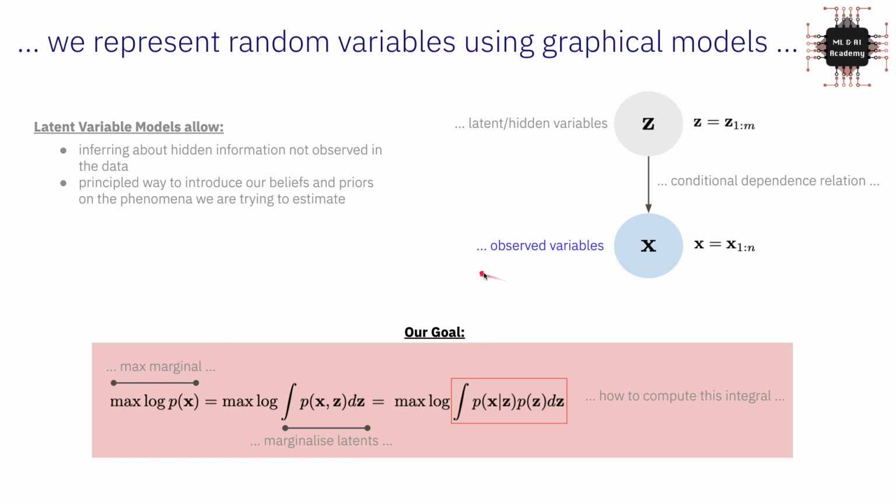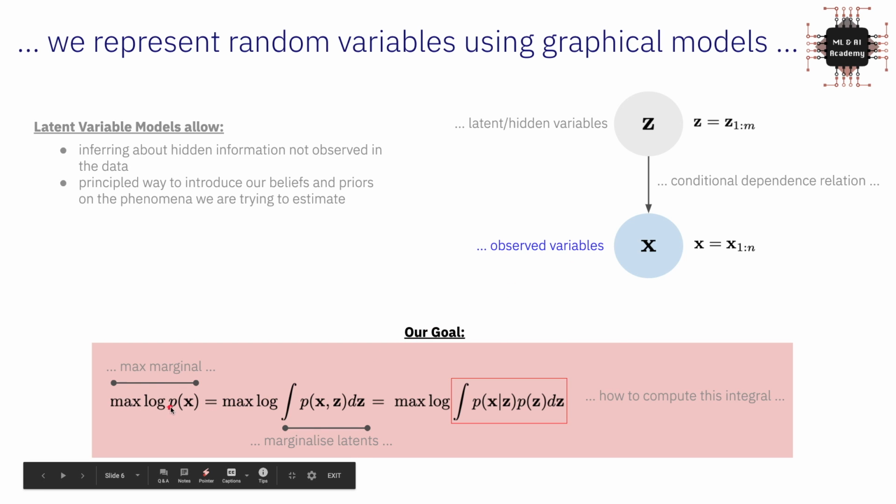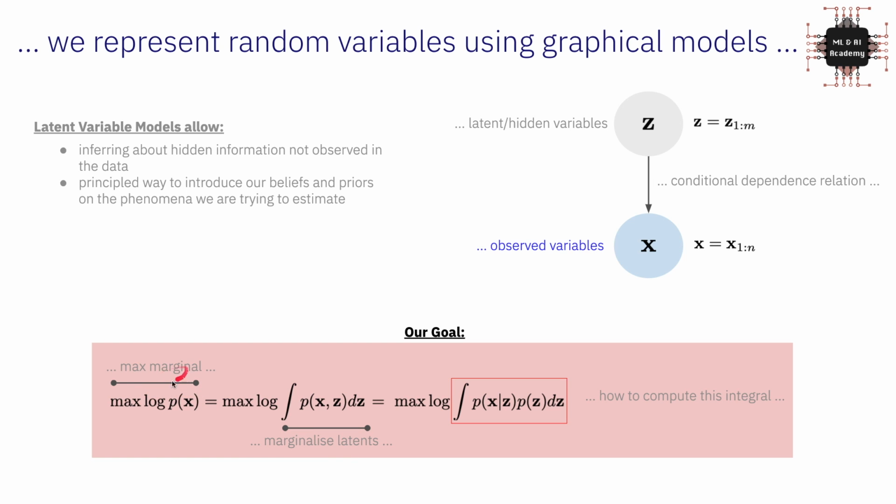Remember, these are our observed variables. The data we see is in x, and that's the only thing we see, right? So the idea here is that we're going to try to maximize the log of p of x, the log of the marginal distribution of x. If we are able to maximize that, then we're going to have a model that will have a high chance of producing the data we have seen.